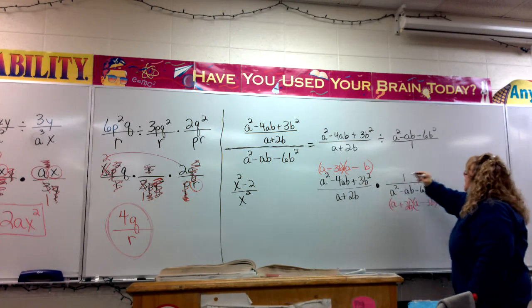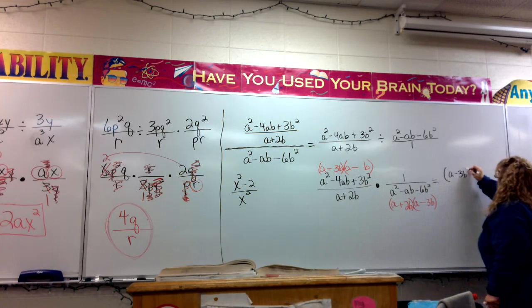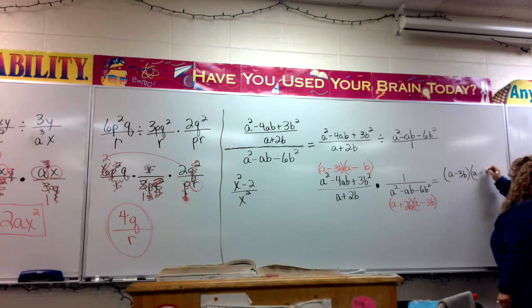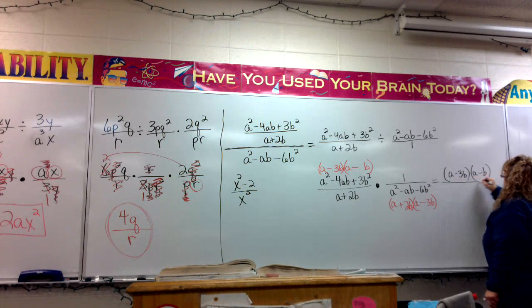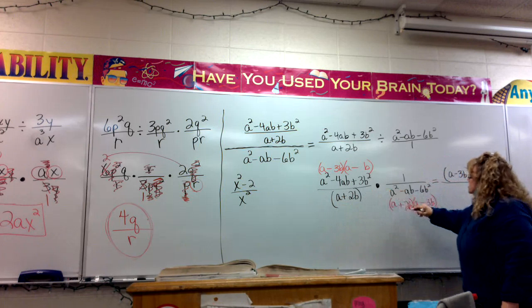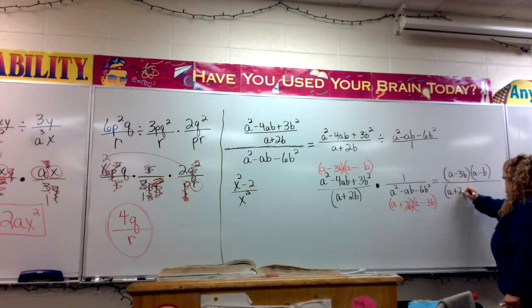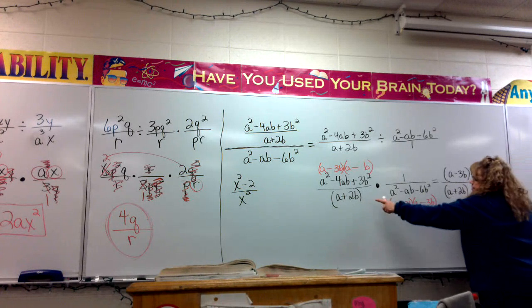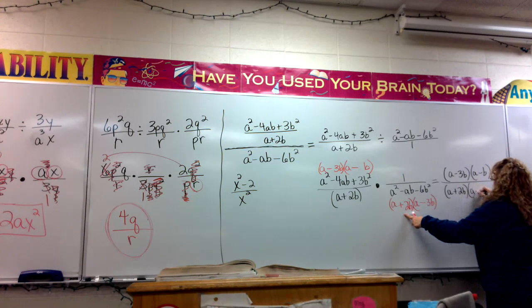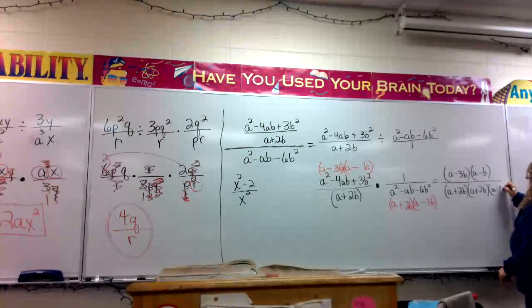This stuff times 1. On bottom, I have this thing times this stuff. I'm not really going to multiply it out. I'm just going to write a plus 2b. That's that one. Here's another a plus 2b. And here's an a minus 3b.